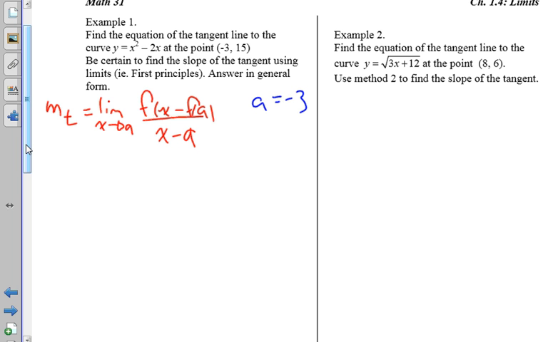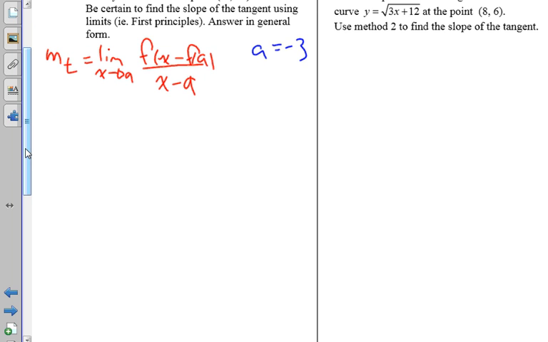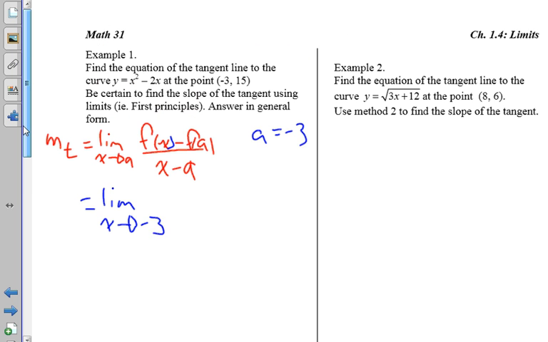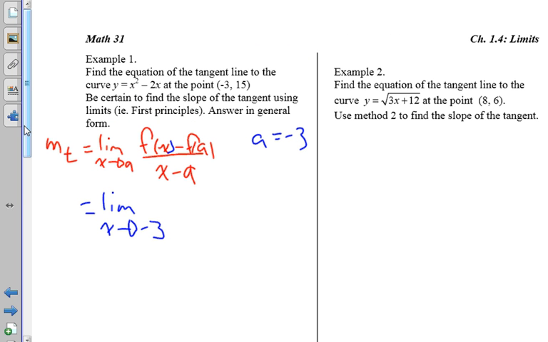Right, yeah, you could go through the whole thing, but you're right, it is given as a point, so we have f of A. So we're going to rewrite this, limit as x approaches what? -3. Yeah, right here. So 15, okay? So this is your value for A, and this is your value for f of A, okay?